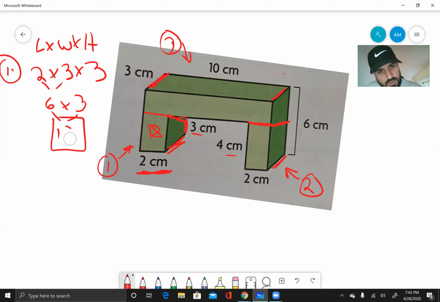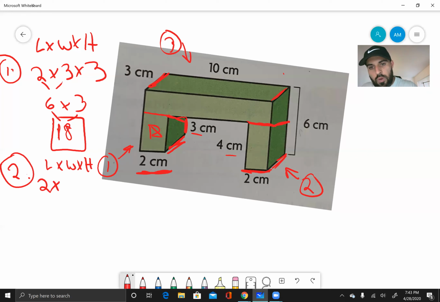So I have a total of 18. Now let's find figure 2. Length times width times height gives me volume. I know length would be 2. I know width would be the same as the other ones, 3.